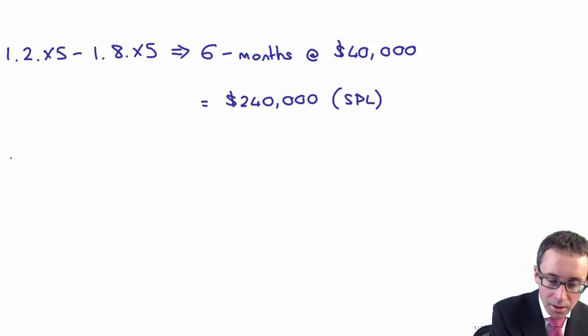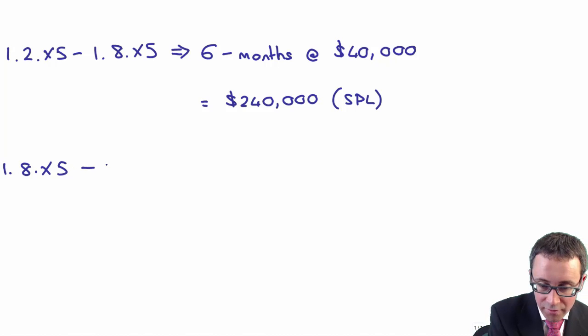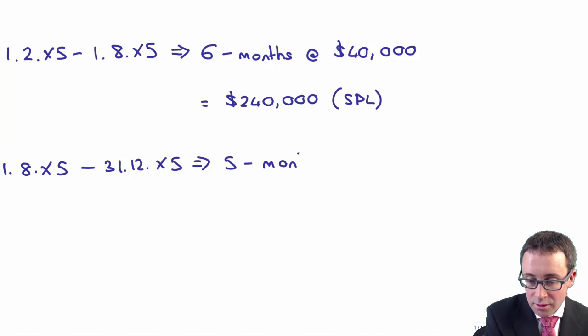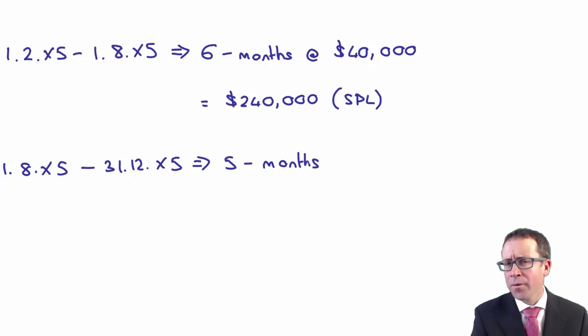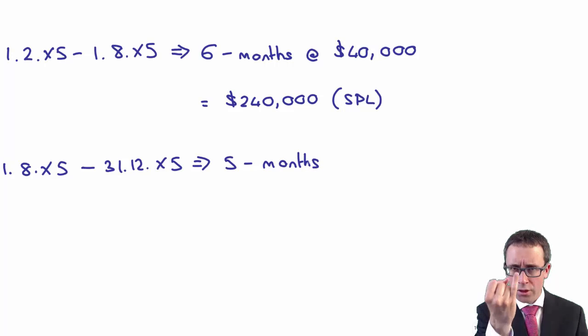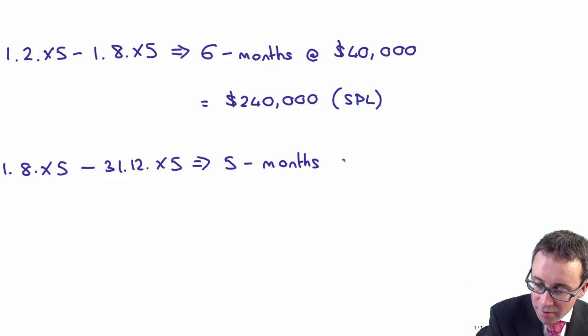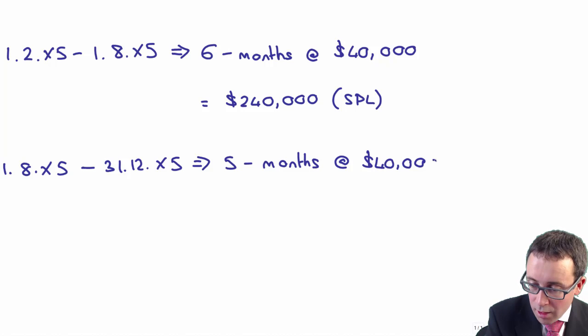Okay. Then from the 1st of August X5 through to the 31st of December X5, which I think is 5 months. Okay. So that's 5 months there at 40,000.